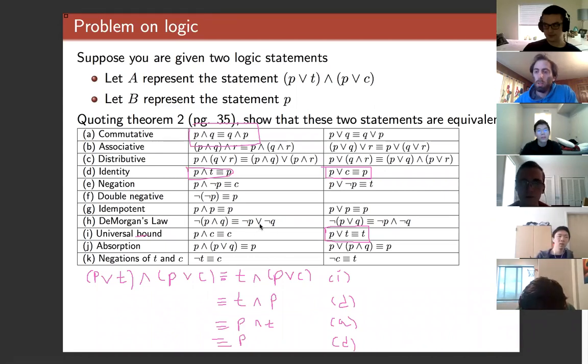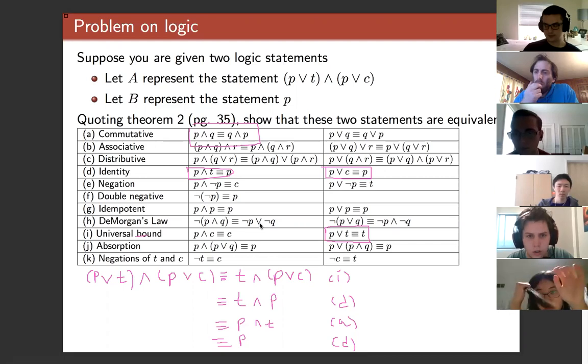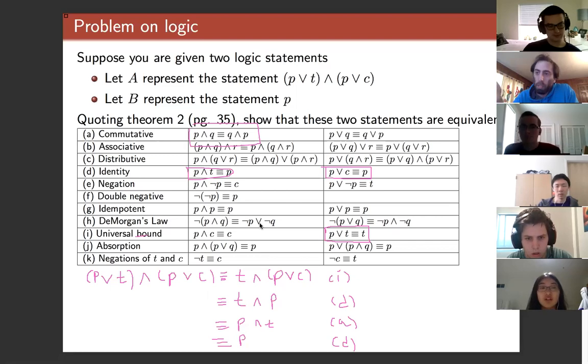So we need to explicitly do commutative, like state it? We can't just interpret. In my personal opinion, I don't really think it's necessary. If you know that the AND operation and the OR operations are commutative, then I personally don't think so. But I don't run the class, and so whatever the lecture Dr. Cohen says goes.